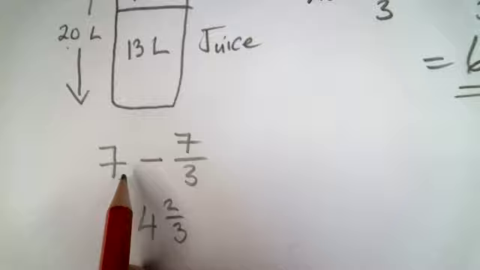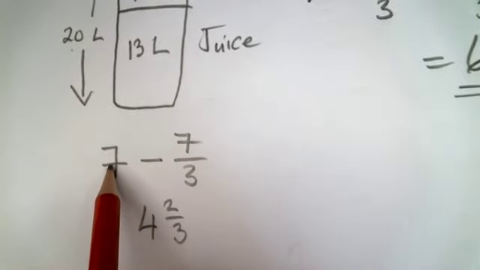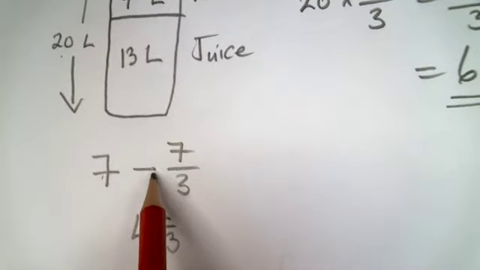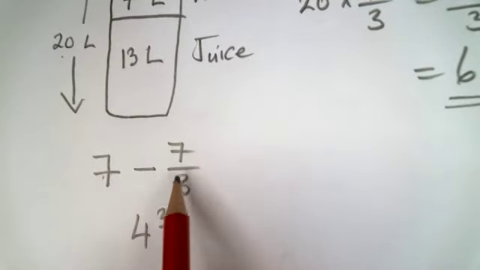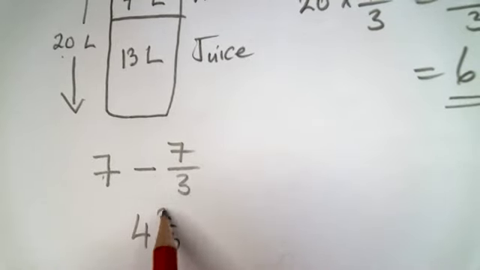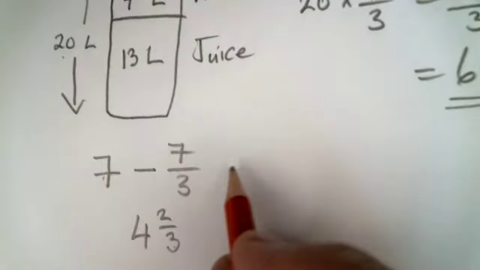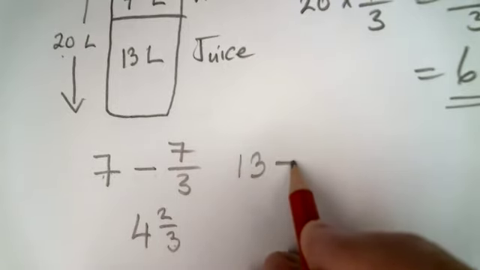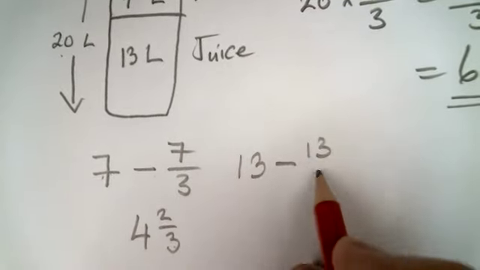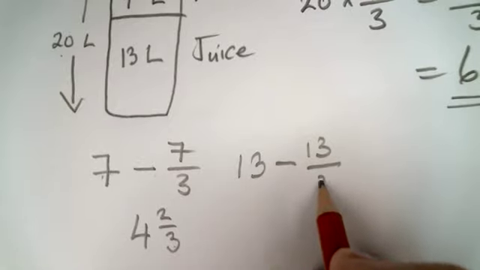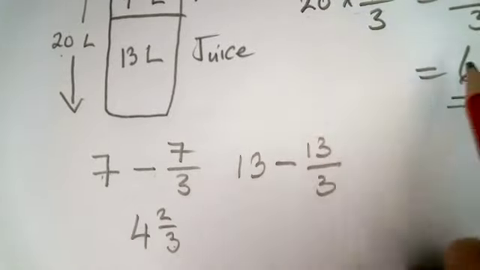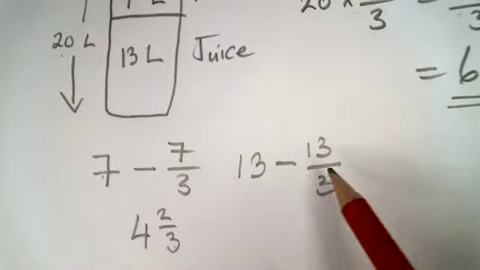All right, so that's the water we had, 7 litres. We reduce it by 1/3. That was 1/3 of the 7, which gives us 4 and 2/3 of a litre left. We also had 13 litres, and that 13 litres we're going to reduce by 1/3 of that, 1/3 of 13. By the way, I could have done it like this: 13 times 1/3, but I've just gone 13 divided by 3, same thing.